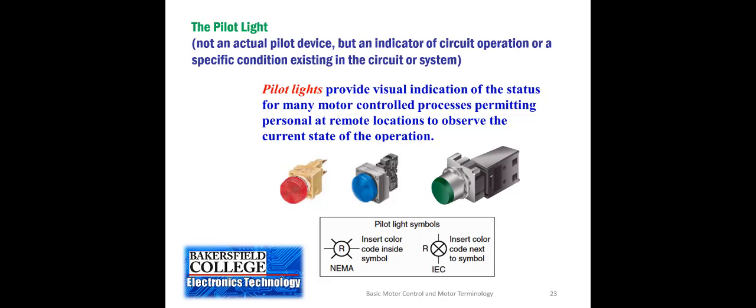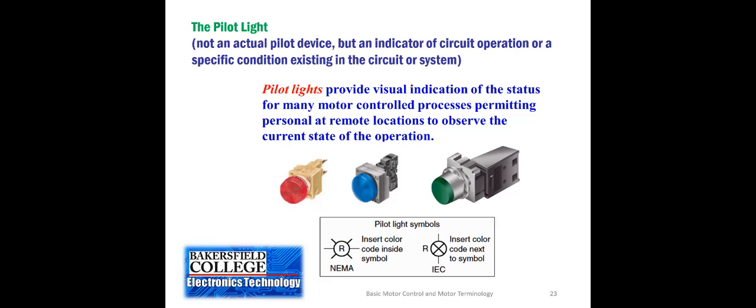Now, something that's not considered a pilot device, but it is usually incorporated in the control circuit, is called a pilot light. They provide a visual indication of what's going on in the process. You can get the lenses in different colors, and what's interesting to know is that the color of those pilot lights are often determined by the overall engineering of the facility.